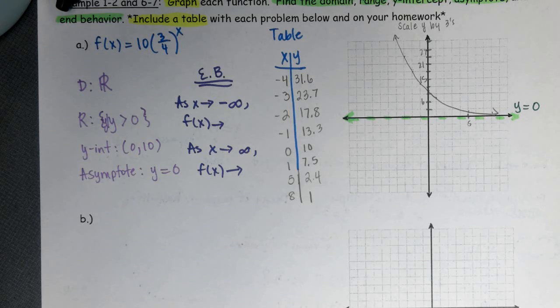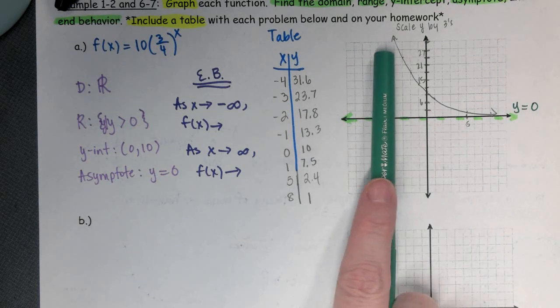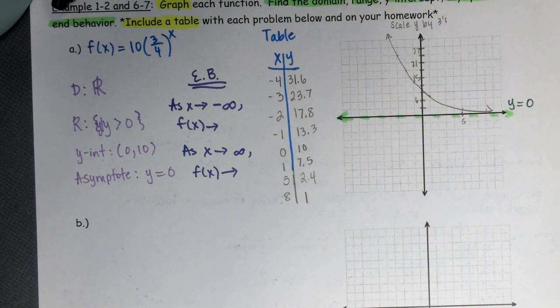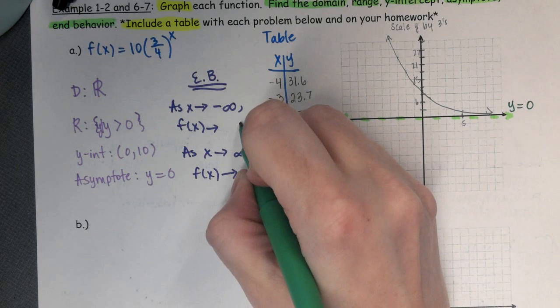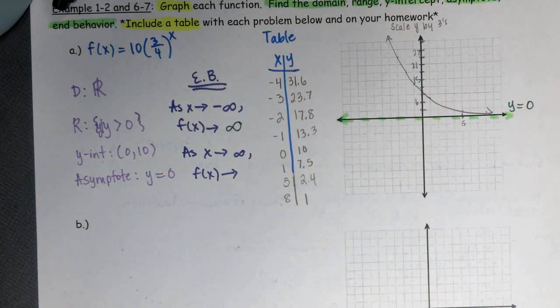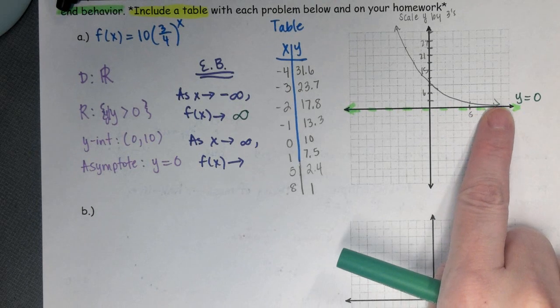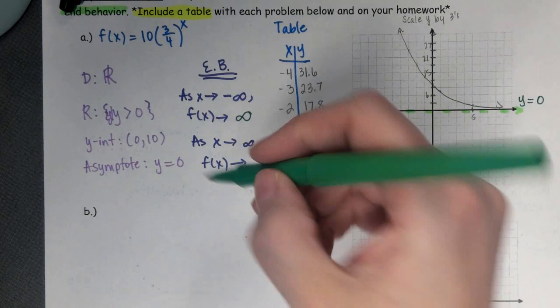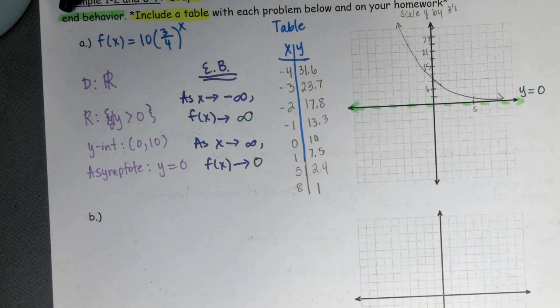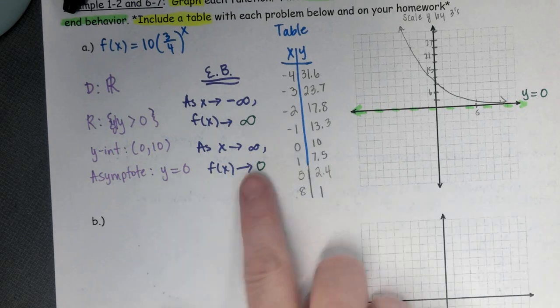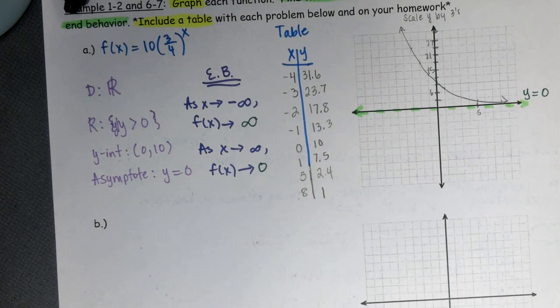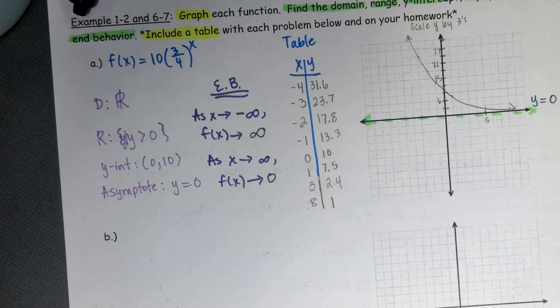So if we're looking at this left side, where is that going? Infinity. So f of x is going to infinity. Okay, now on the right side, it's getting closer and closer to what? 0. So you say f of x goes to 0. So that's a little bit different than what we did before. Before it was either infinity or negative infinity, but now it can get closer and closer to your asymptote.